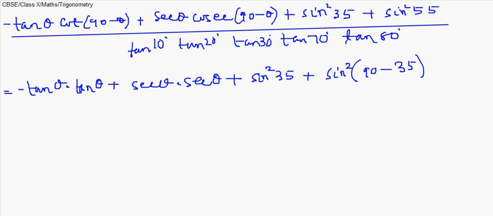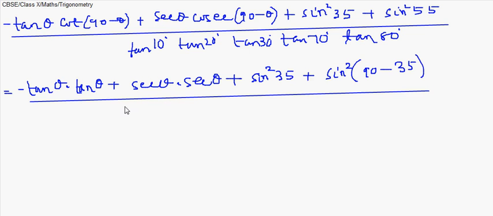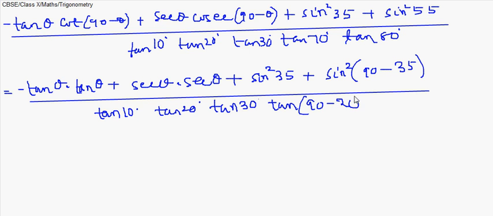And let the whole be divided by tan 10 degree, tan 20 degree, then there is a tan 30 degree, and tan 70 can also be written as cot. Yes, I'll get a cot. So tan(90 - 20).